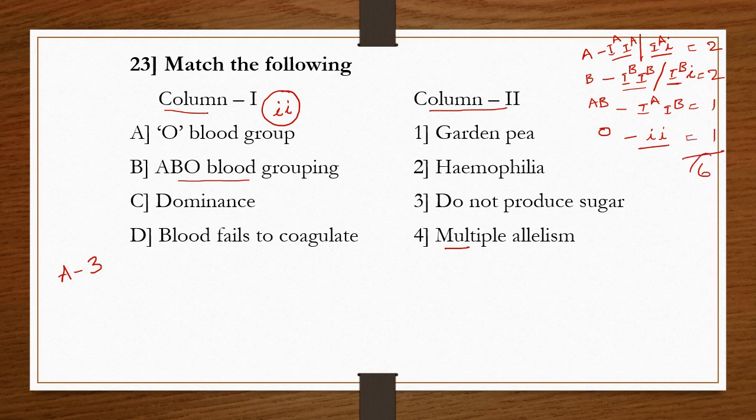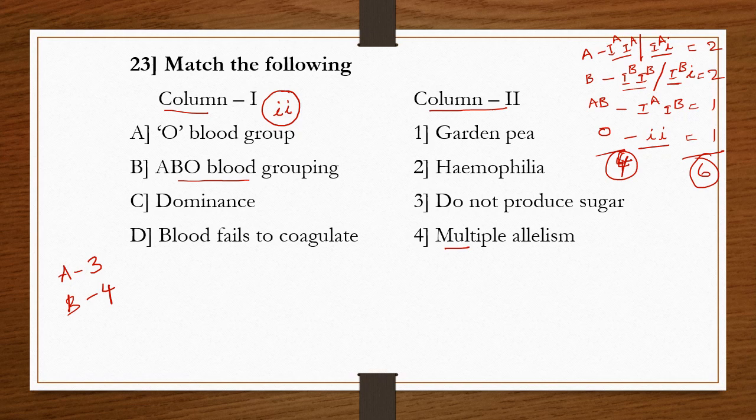Total six genotypes, but only four phenotypes. So this phenomenon we consider as multiple allelism. So ABO blood grouping shows multiple allelism. So B is 4.